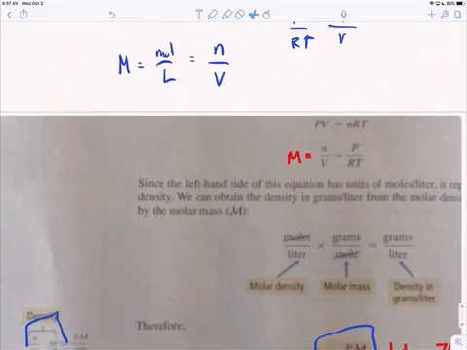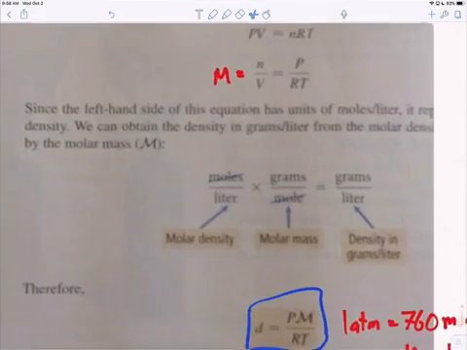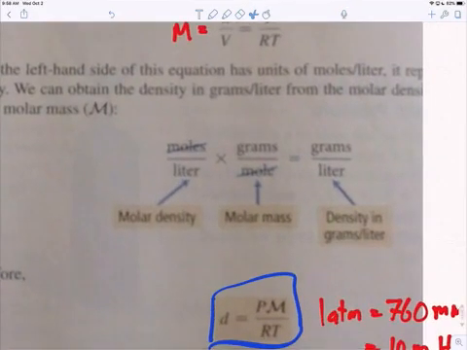And density, what is molar density? Mass density is mass over volume. So molar density is moles per volume, so moles per liter is molar density. Then moles per liter times grams per mole, that's the molecular weight, gives density in grams per liter.